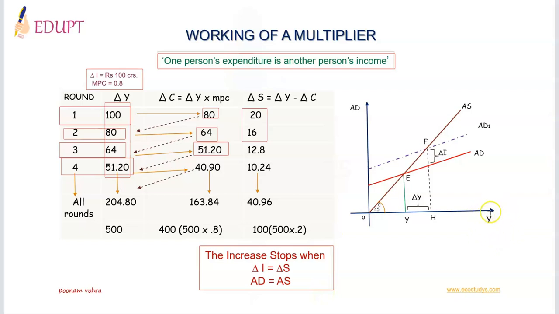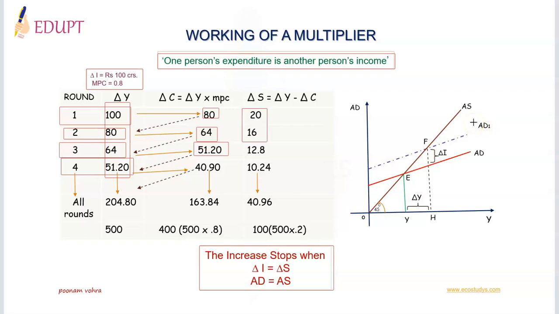Income is taken on the x-axis, aggregate demand on y-axis. Aggregate supply, we have already understood, begins from the origin and has 45 degree. Aggregate demand is upward sloping but begins from some positive value. Delta I, increase in investment, raises the aggregate demand upwards.